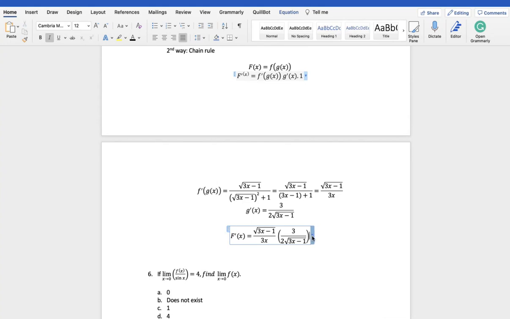Then obviously you can see that the square root of 3x minus 1 will just cancel, and the 3 as well. So you'll be left with 1 in the numerator divided by the 2 here, multiplied with the x. So 1/2x.